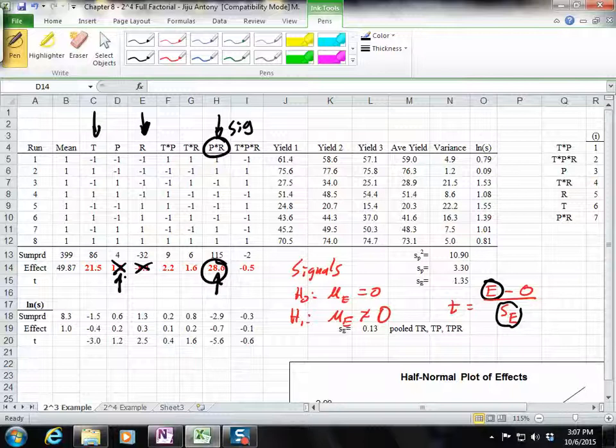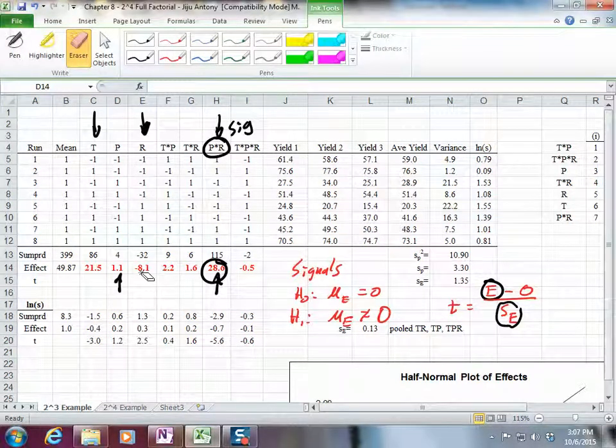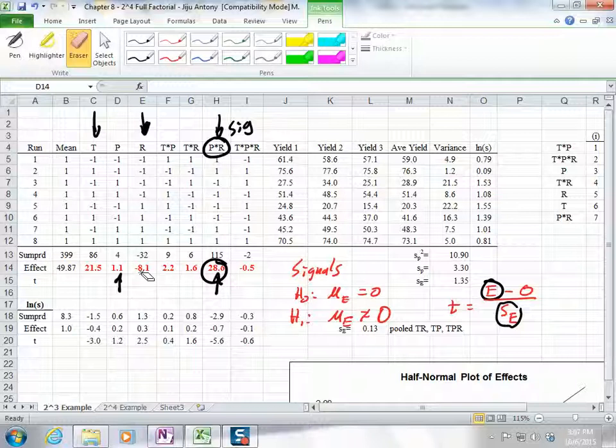We're still going to put them in our model, but we don't interpret the main effects because there's so much more to the story for pressure and residence time. You can't explain pressure without talking about residence time, and you can't explain residence time without talking about pressure.